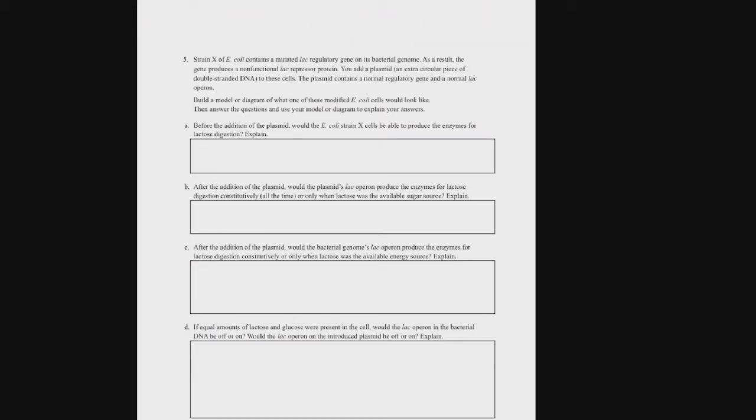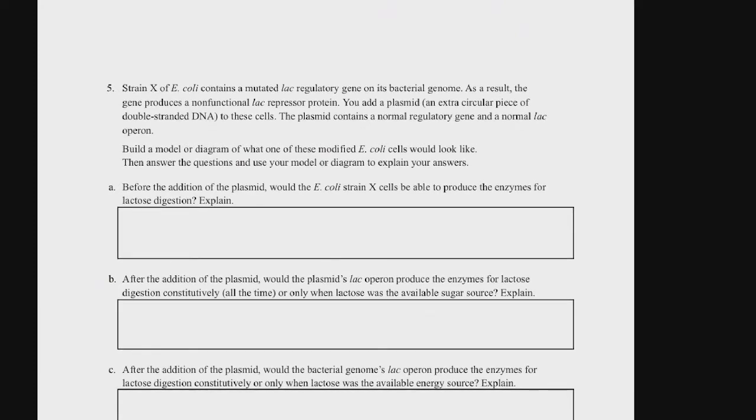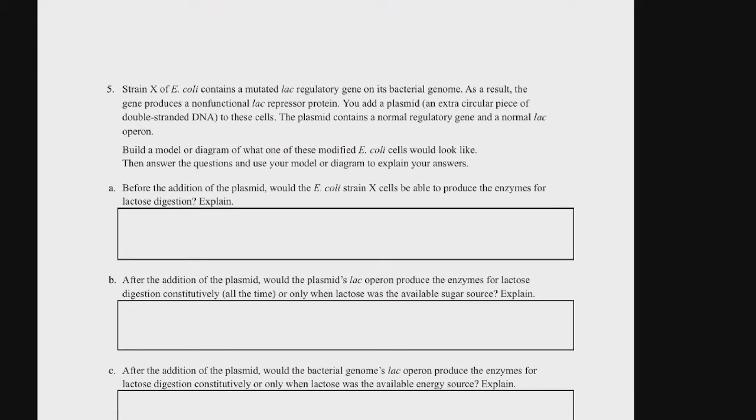The next question. Strain X of E. coli contains a mutated lac regulatory gene on its bacterial genome. As a result, the gene produces a non-functional lac repressor protein.